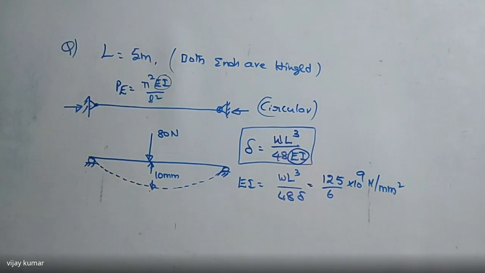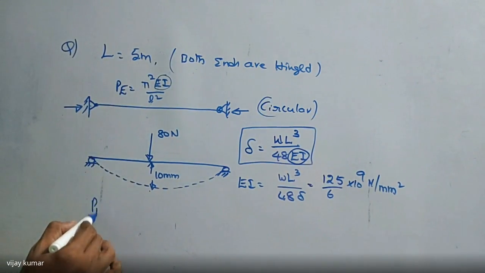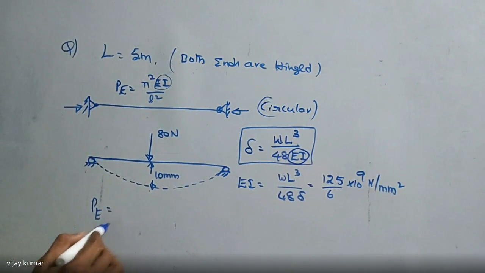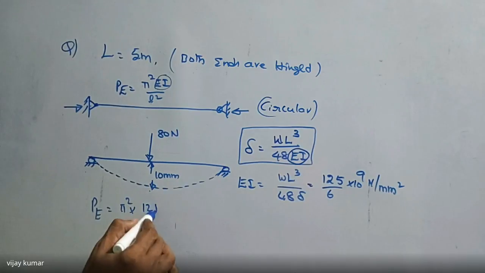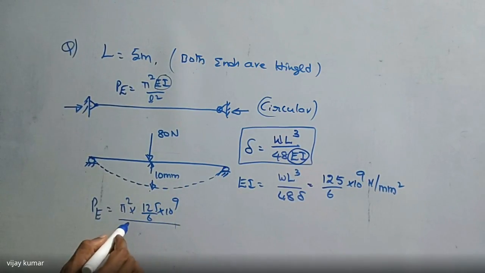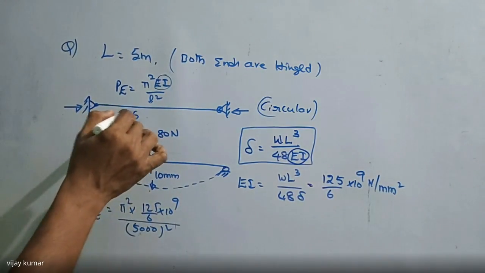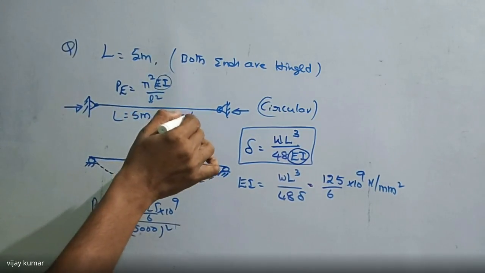Then I substitute this in the formula: P is equal to pi square into EI, that is 125 by 6 into 10 to the power of 9, divided by L square. L square is 5000 whole square, because the 5 meters length is converted to millimeters, 5 into 1000.